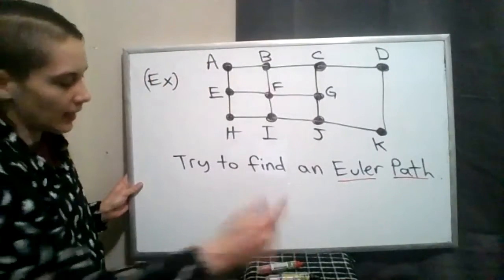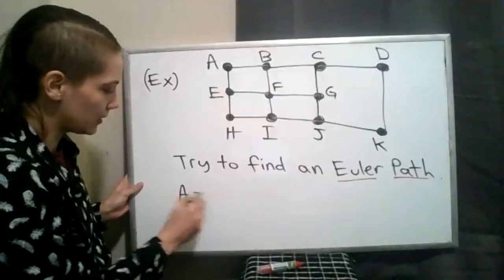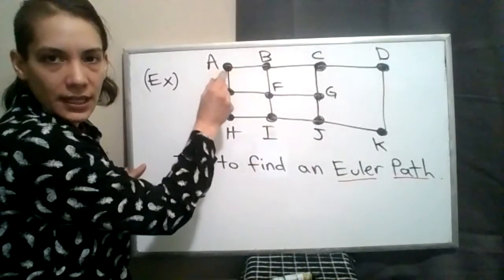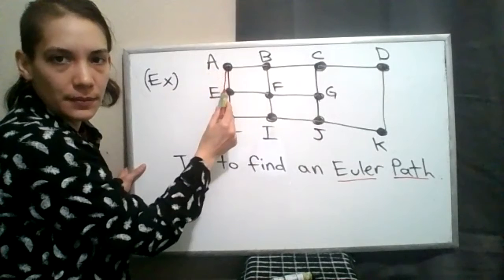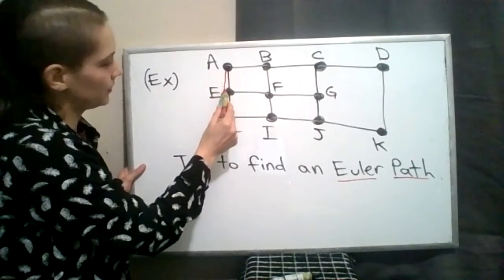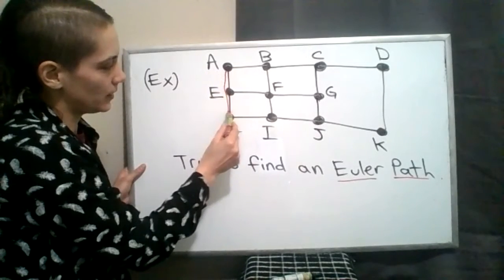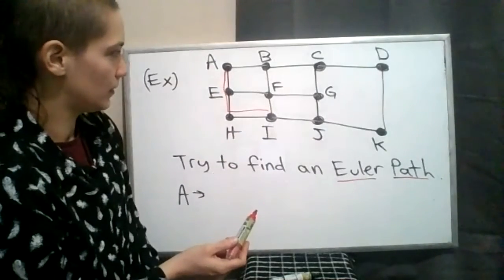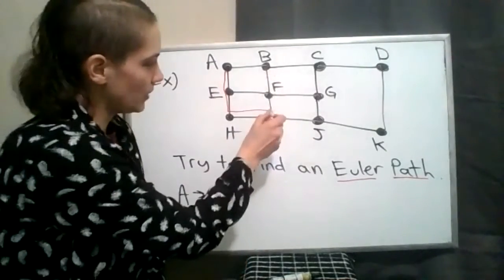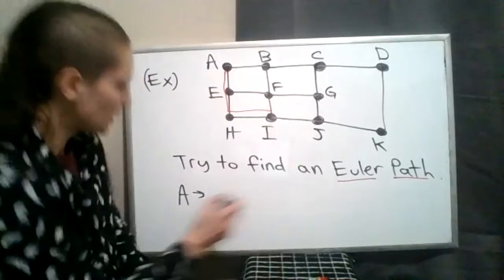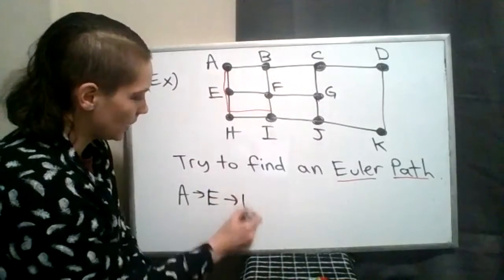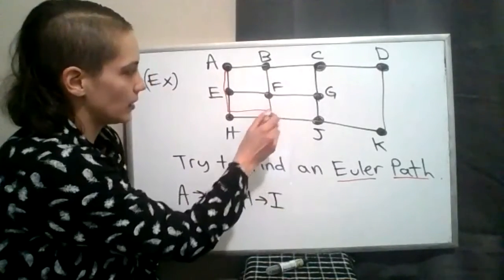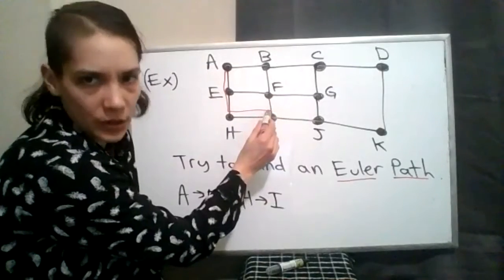Let's try starting at A. Let's go like A, E, H, I. I feel like I can cover this part. Let's go A to E to H to I. Okay, let's just go around the edge.